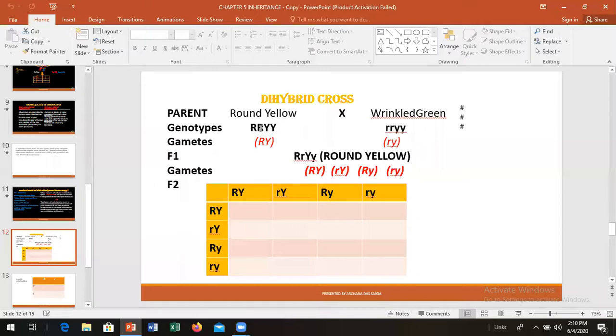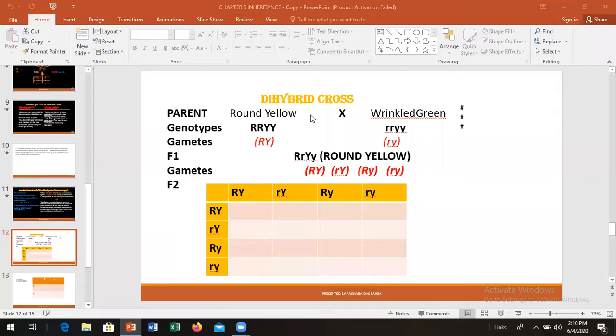So here we write capital R, capital R. R and R represent the round trait for that plant. Capital Y, capital Y will represent yellow colored seed for the plant. So round and yellow are represented by capital R, capital R and capital Y, capital Y. Why are we writing two pairs here? Because we are considering two types of traits, two types of characters.